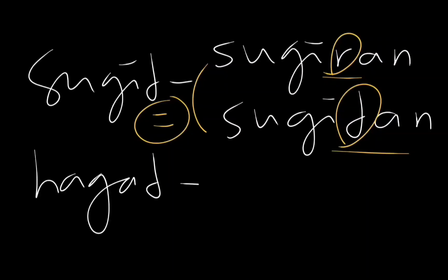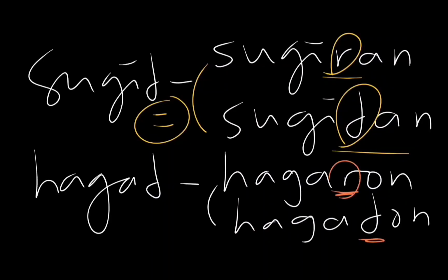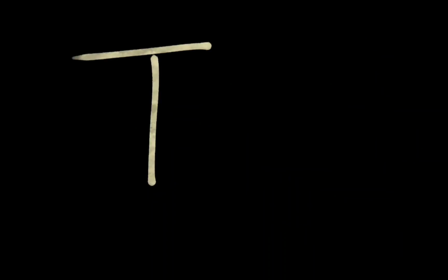When changed into the passive form, you could either say hagaron or keep the consonant da by saying hagadon. Hagaron, hagadon. In the next video, I'm going to talk about the consonant ta.